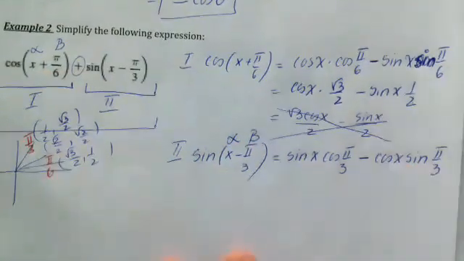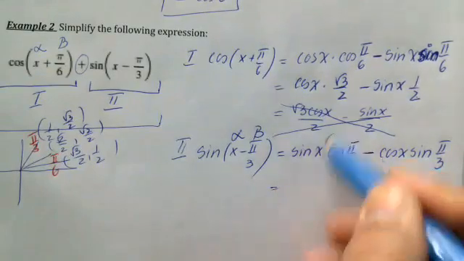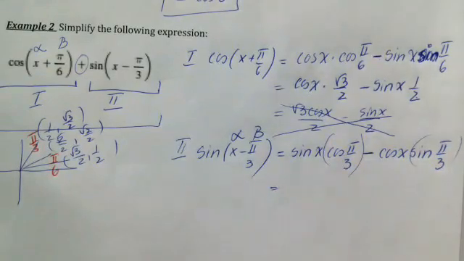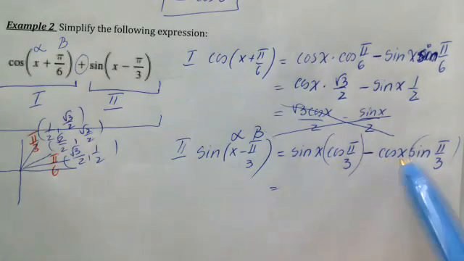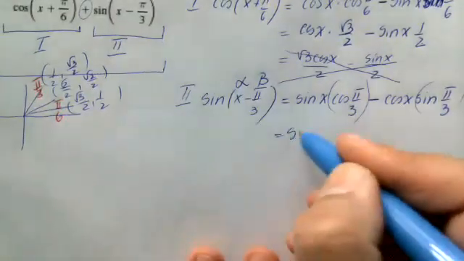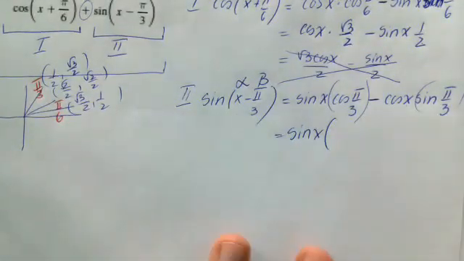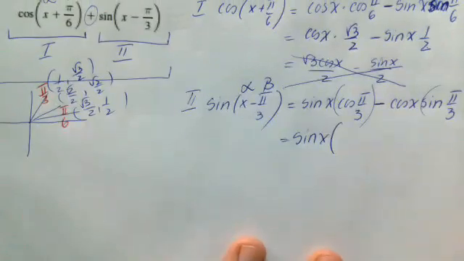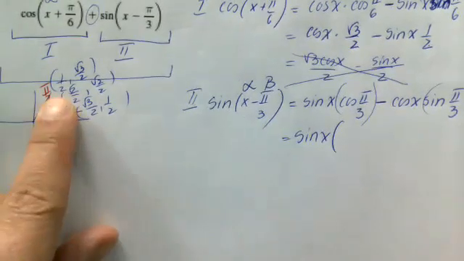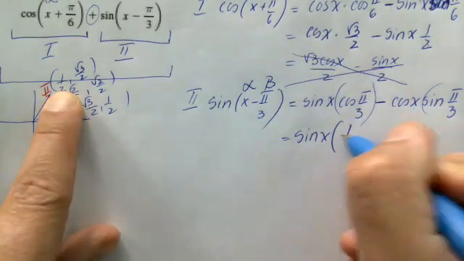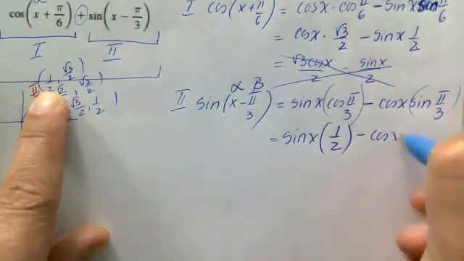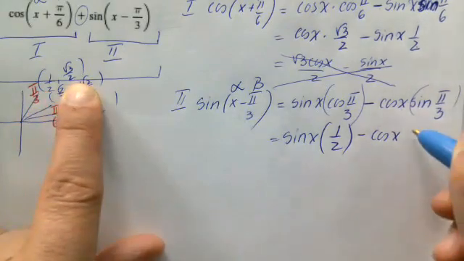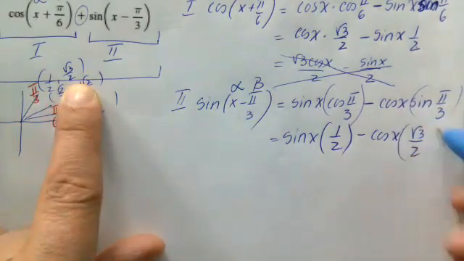And now we're going to replace anything that we can evaluate with the value of them. We can't evaluate sine of x, we can't evaluate cosine of x. So we're going to leave it alone. Cosine of pi over 3 is 1/2 minus cos of x, sine of pi over 3, square root of 3 over 2.